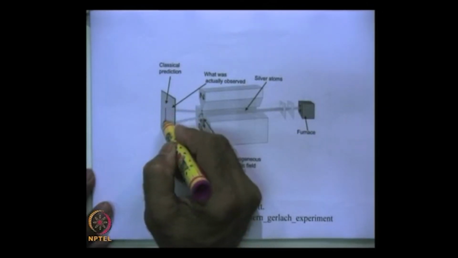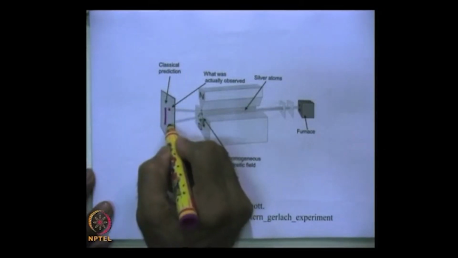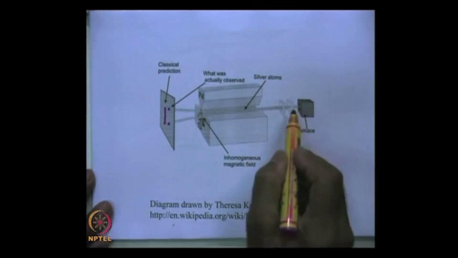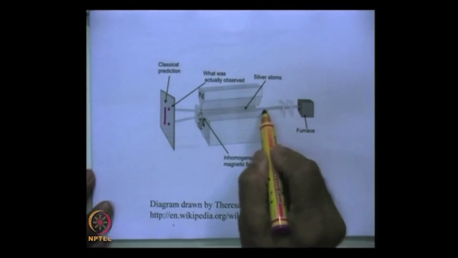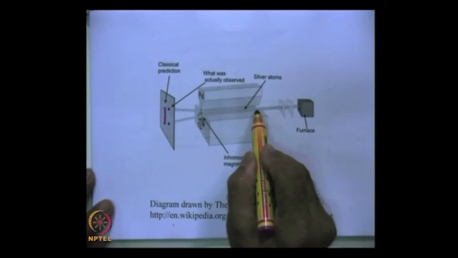The classical prediction is a smear like this, but what is obtained is only 2 spots. So, you have the experiment, the silver atom coming out of the furnace. The silver atom does not have any net charge, so there is no Lorentz force acting on it.